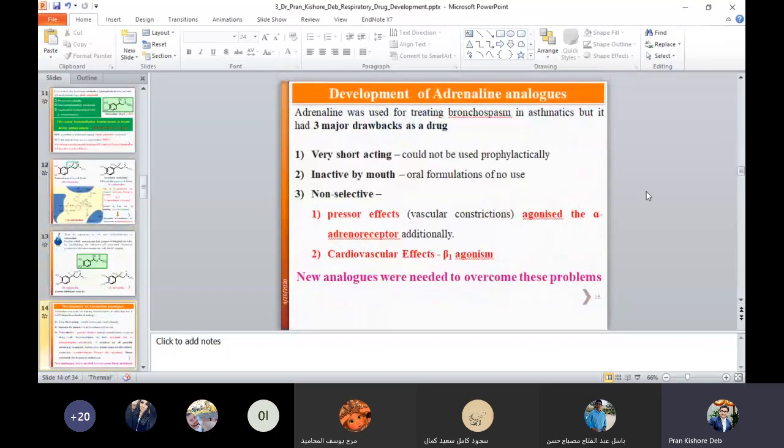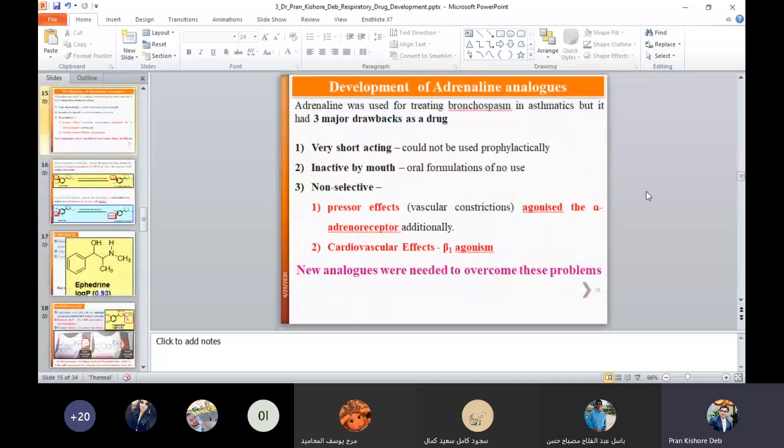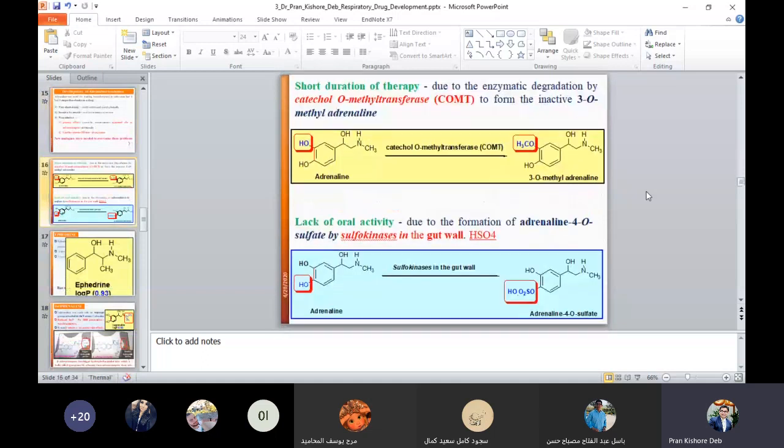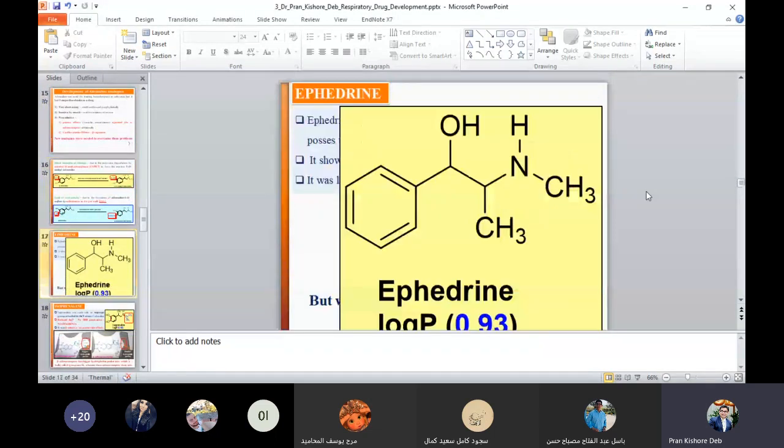So be attentive. Don't go away thinking that there is a recording. Now look at this. Tell me how many advantages and how many disadvantages you see. One disadvantage: the CH3 attached to the NH will bind to alpha 1 and alpha 2, causing cardiovascular effects.